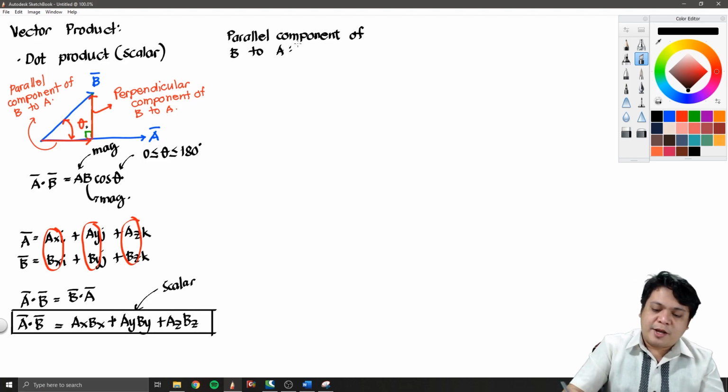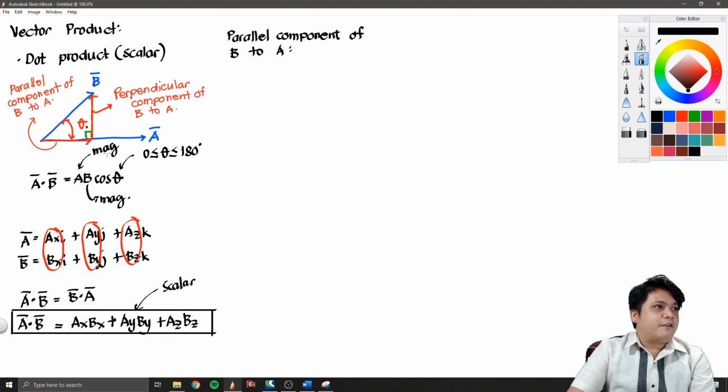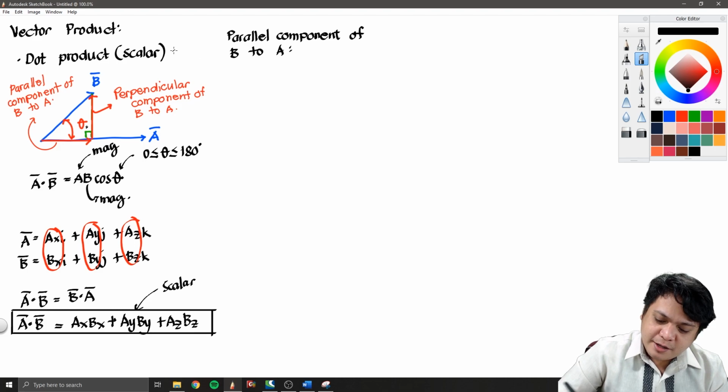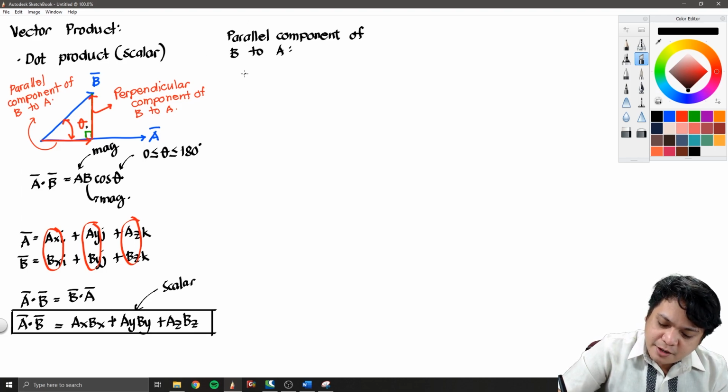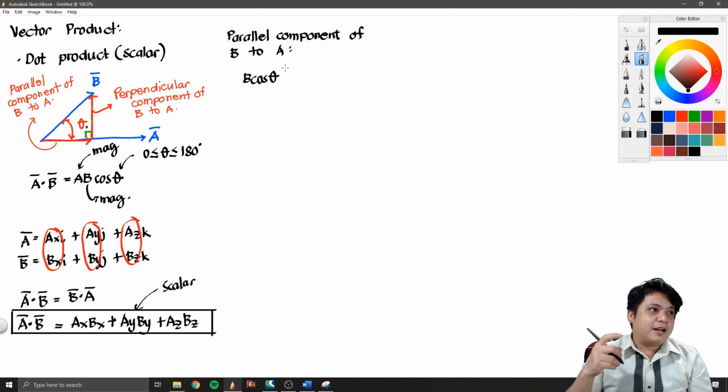I have here the magnitude of B. From the word itself, the angle between the two, so I can write the magnitude of B, B, and then cosine of theta. So this is now my parallel component.